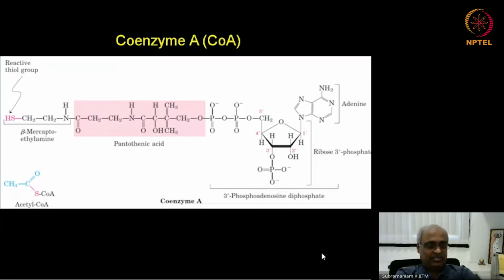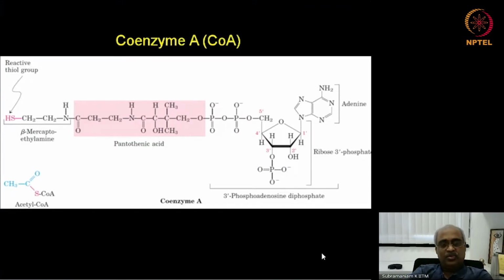The first one we begin here. In the B complex vitamins, we have seen so far niacin as part of NAD, riboflavin as part of FMN and FAD, then thiamine as part of TPP involved in pyruvate decarboxylase in yeast.